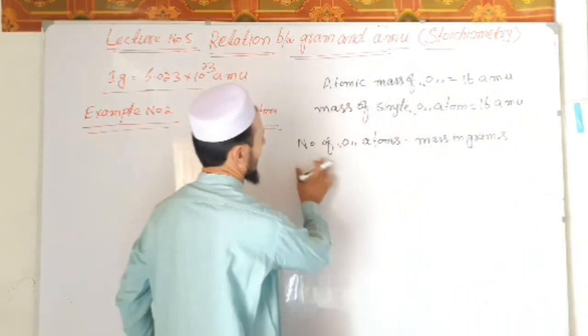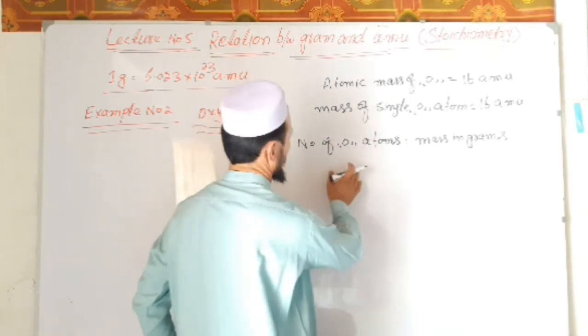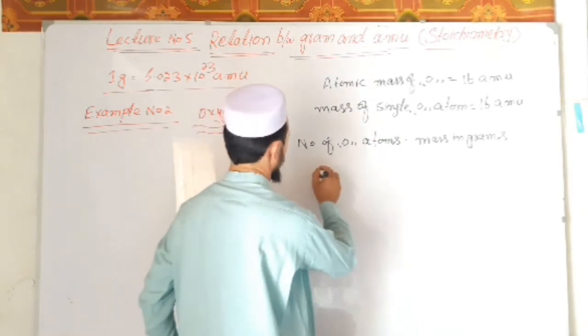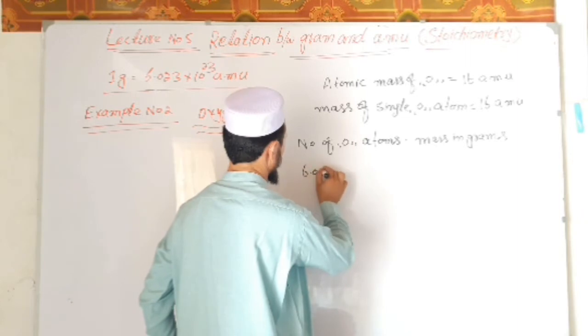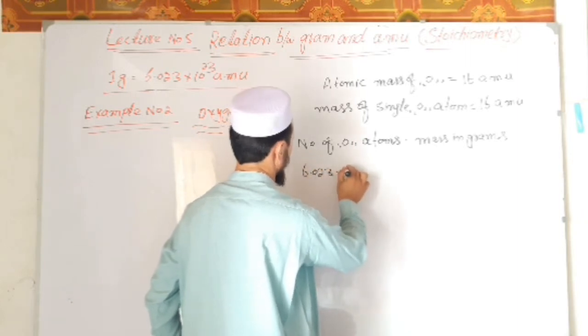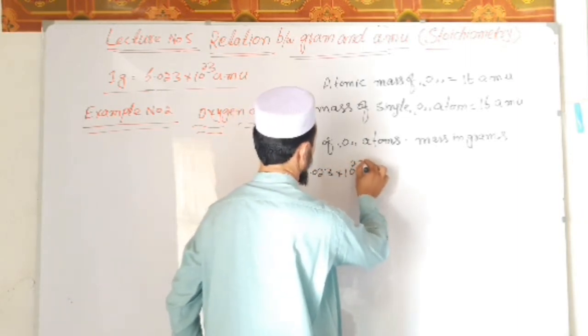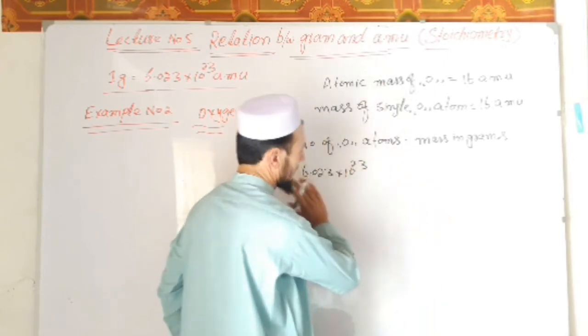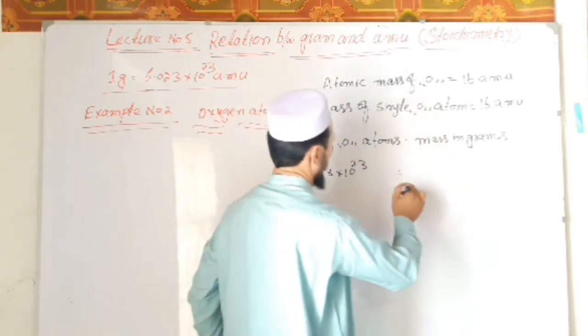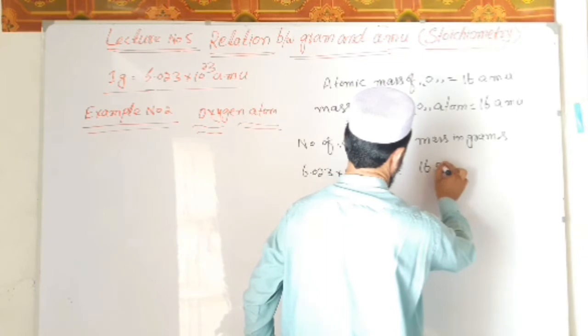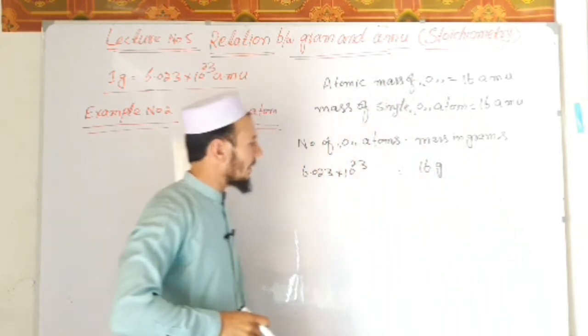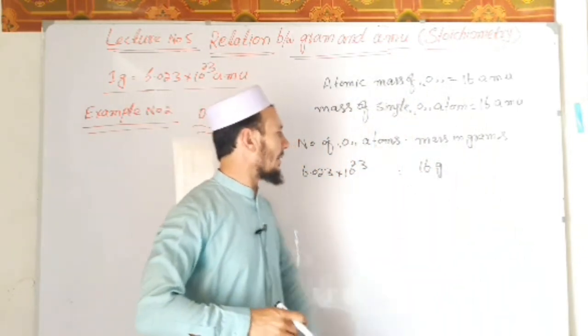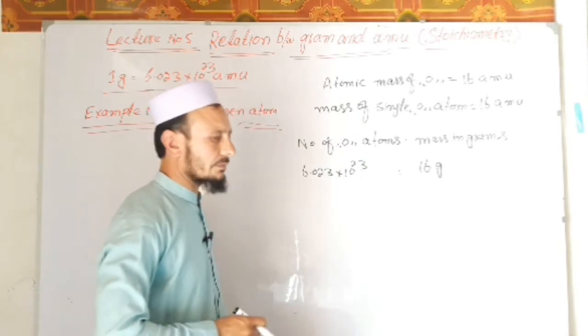Dear students, from mole and Avogadro number, we know that 6.023 multiplied by 10 raised to the power of 23 oxygen atoms have a mass equal to 16 gram, which is called the molar mass of oxygen.